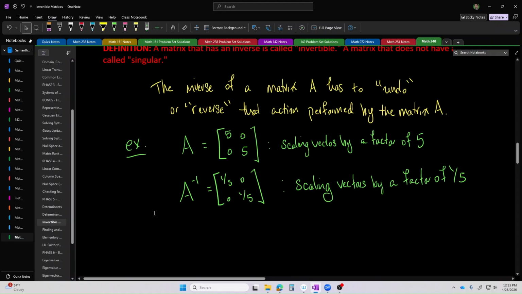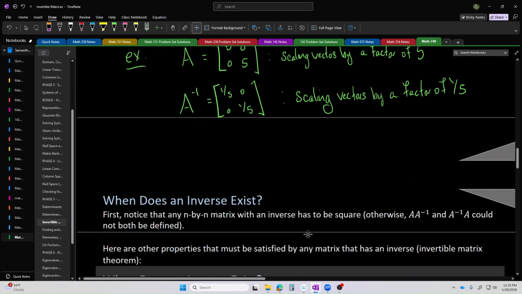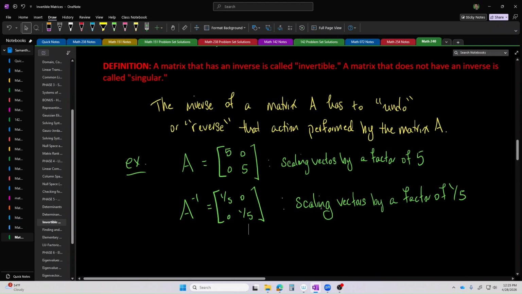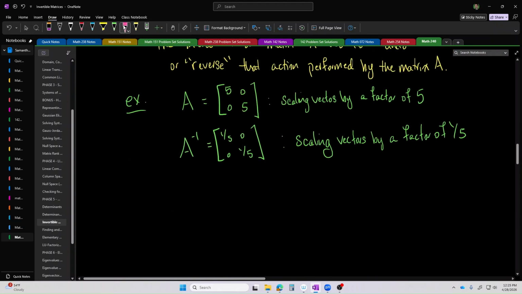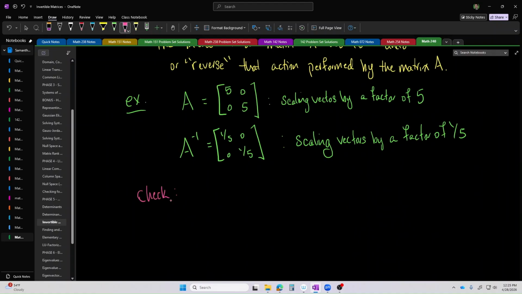And the matrix that would do that is the matrix 1/5, 0, 0, 1/5. Let's check to see if this matrix that I've written down is indeed the inverse of A as defined by this equation here. So let's go ahead and check. If I take the matrix A and I multiply it by the matrix A inverse on the right side, and I do that matrix product, the first row times the first column, that dot product would give me 1.